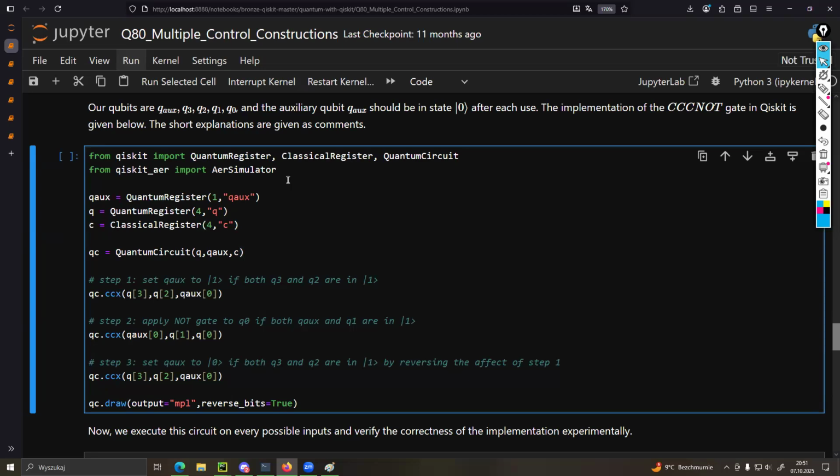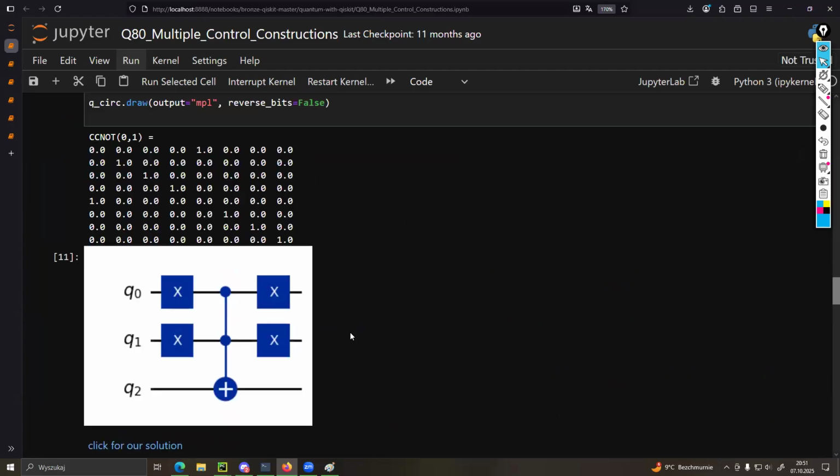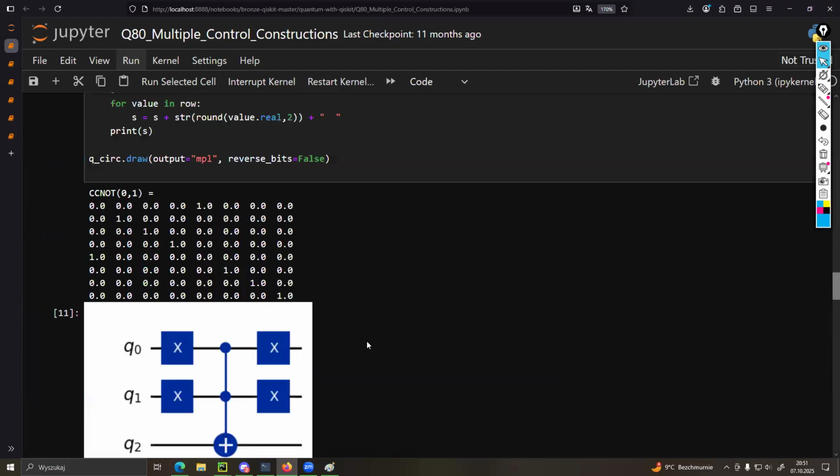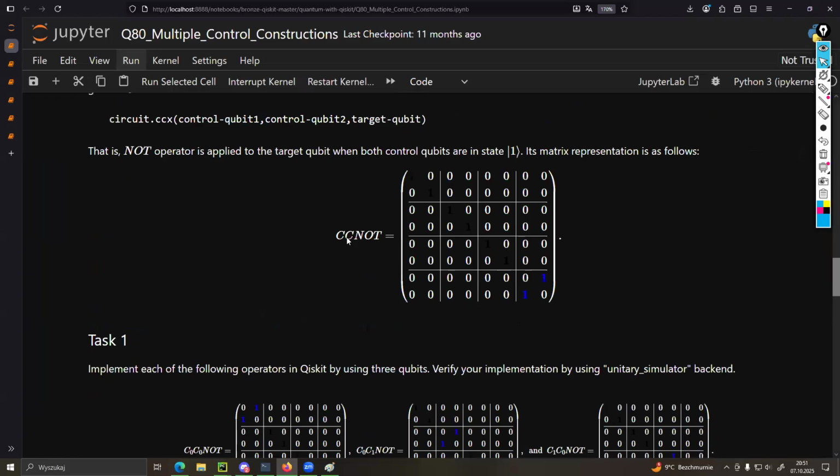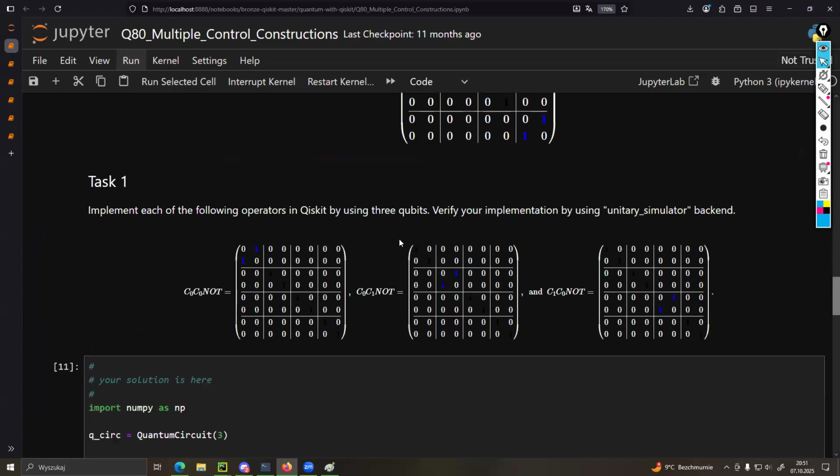So for example, here is a CCCX using only the primitives from the library, from the circuit, right? So how to combine these gates. Here is a control node, and here it is presented with respect to which bit is set as 1 or which bit is set as 0.